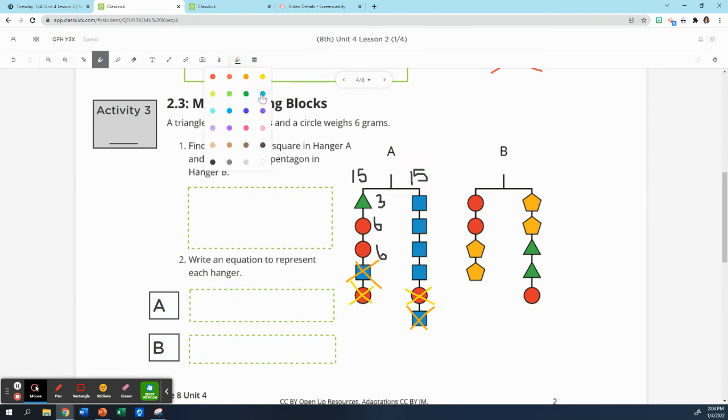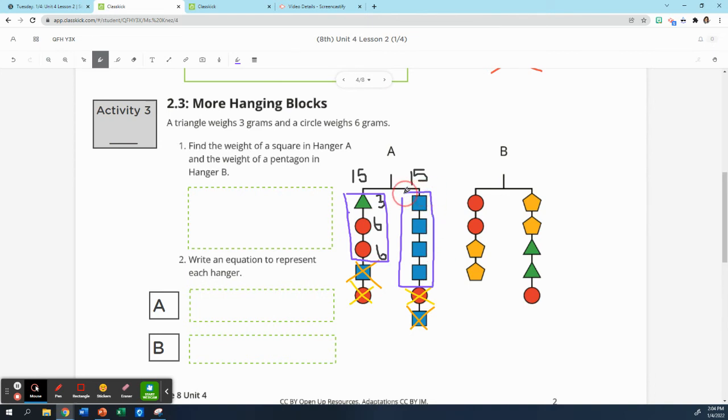And so I know that in this purple rectangle, 3, 6, and 6, we have the same quantity as in this purple rectangle, which is 4 blue boxes. And so if I know that each square is the same and they're all equal to 15, I can simply split up 15 into 4 pieces, and that gives me 3.75. And so I know that the square equals 3.75 grams.